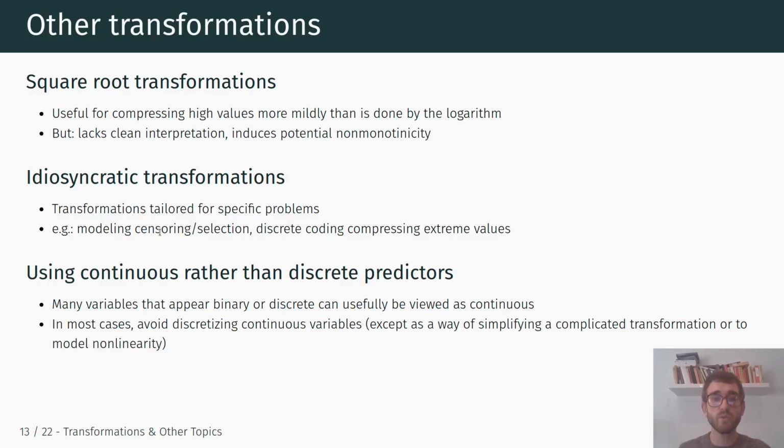But as a general rule of thumb, we don't want to throw away information. So as soon as we have some continuous measure, we probably want to take into account that continuous measure. Okay, so so much about transformations and different types of transformations.